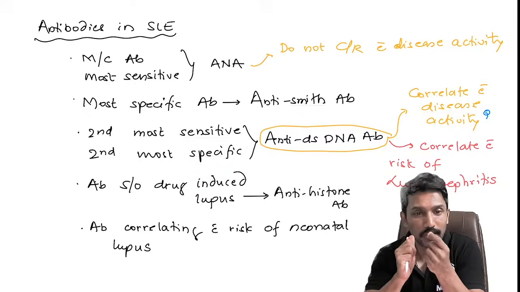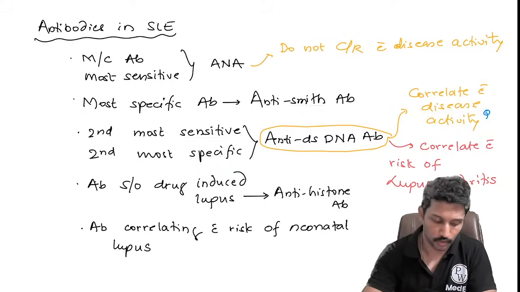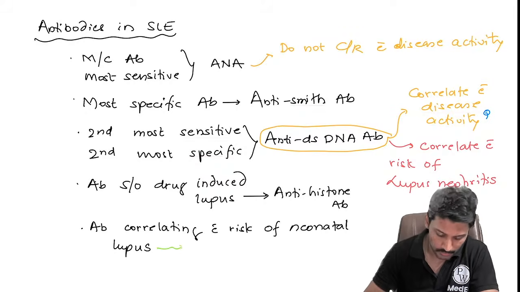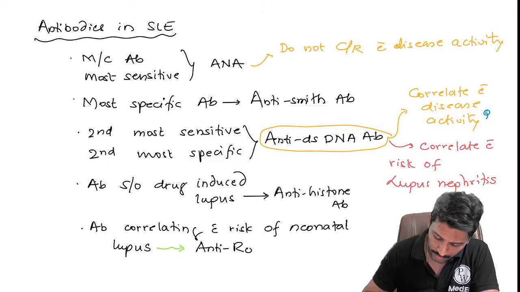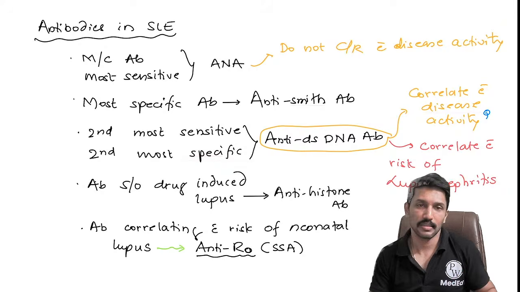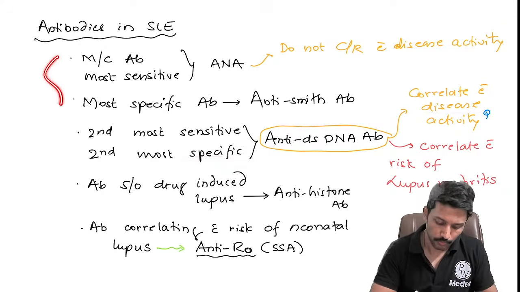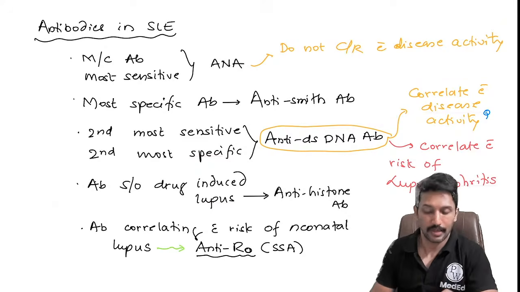So presence of which antibody actually correlates with the risk of neonatal lupus? And that's going to be your anti-Rho antibodies, also called anti-SSA antibodies. So these are some potential MCQ points on the antibodies.